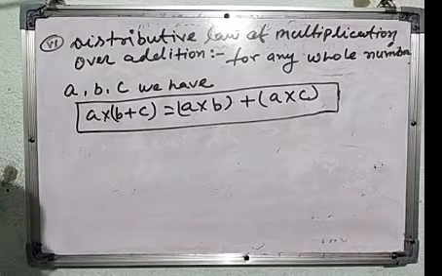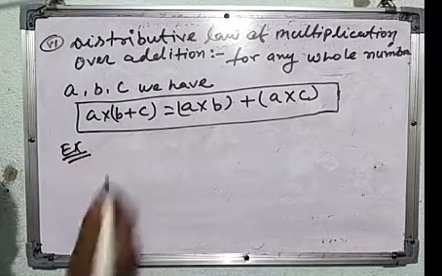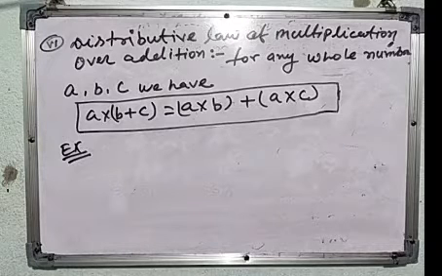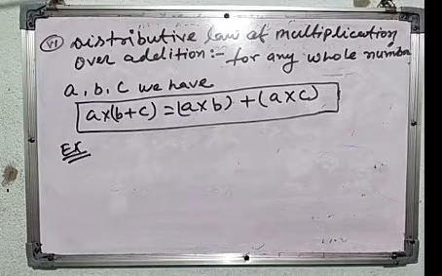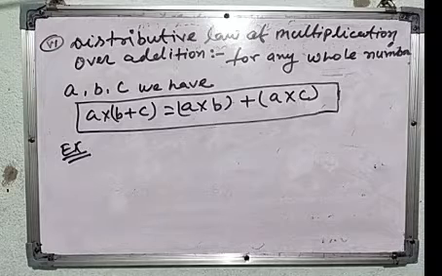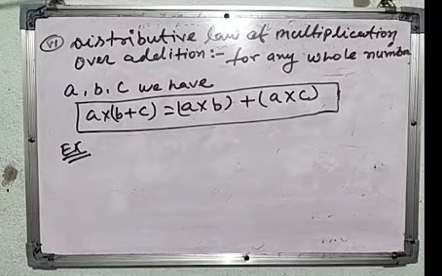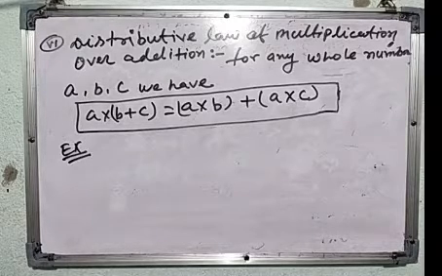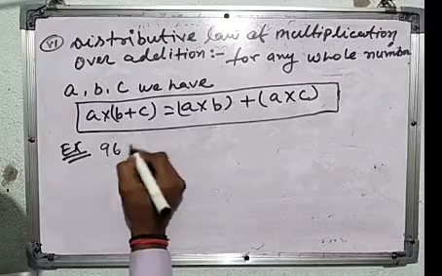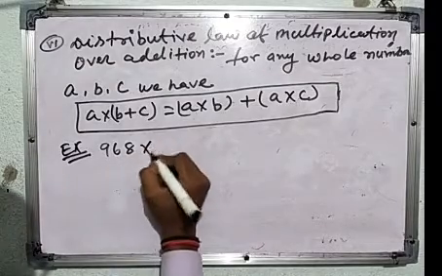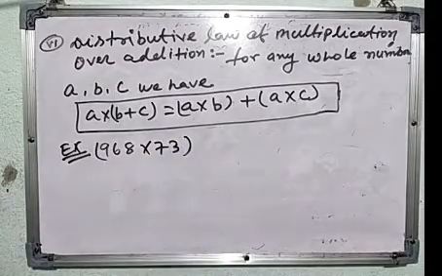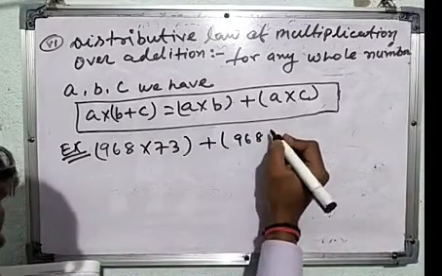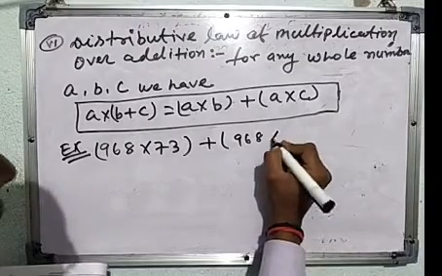Okay. For example, 968 into 73 plus 968 into 27.